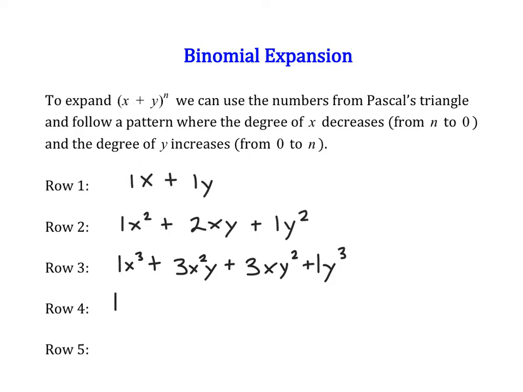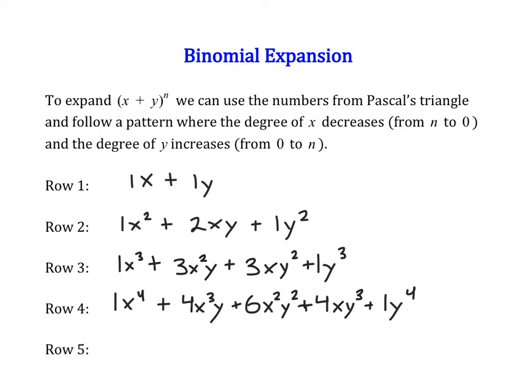So our coefficients are 1, 4, 6, 4, 1. So x to the 4th, x cubed, x squared, x, and then y to the 4th, y cubed, y squared, y, and then no y.